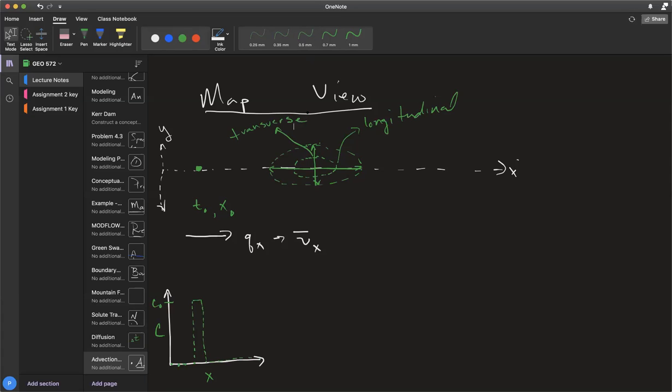All right. So if at this location, so this is T1, X1, and if at this location we were to draw our concentration profile along X, we would see that it looks like this. And if we were to come sometime later, at some distance later, we would find that it had spread even more.